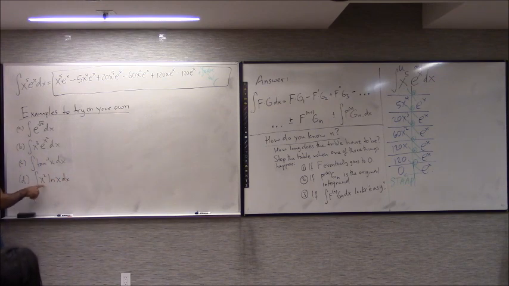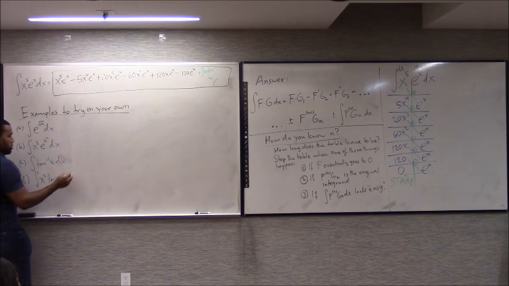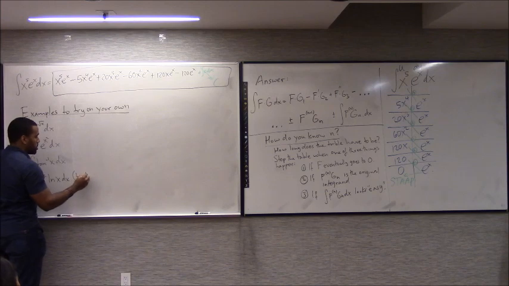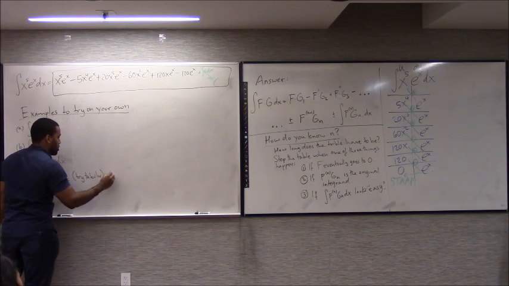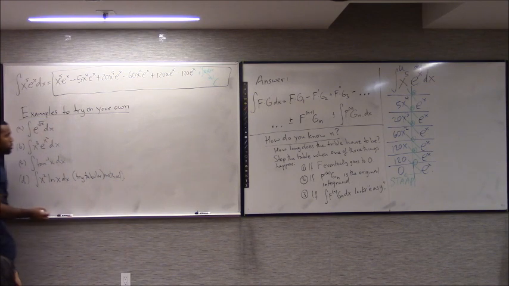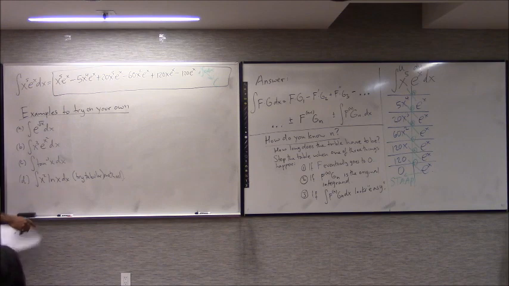X squared ln x, we already did this, but try the tabular method with this to see if you know how to do that. And tomorrow what I'll also probably do is redo the things we already did using the tabular method and show you that it actually works in all these situations.